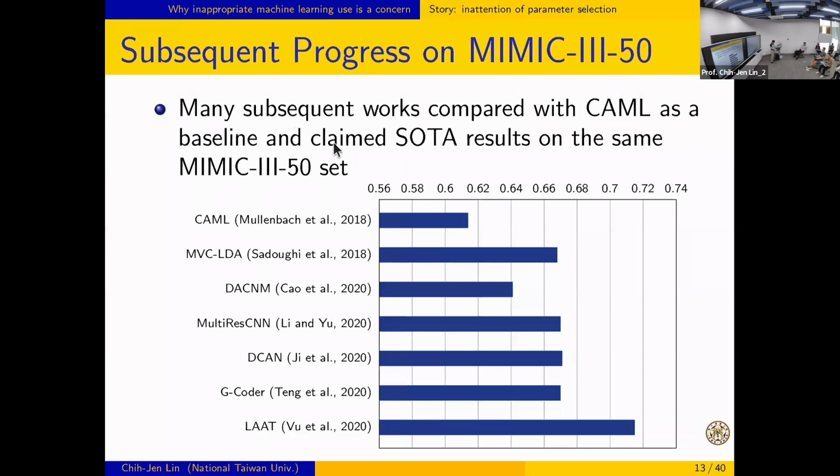And I'm talking about this MIMIC350, this subset. Now in this figure, you can see that the first row is the original CAML paper. So we have the accuracy up to this point. Then of course, you can see that lots of subsequent works achieve better test accuracy. Therefore, they can claim that their architectures are better.